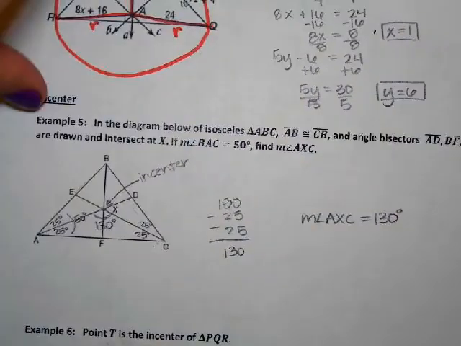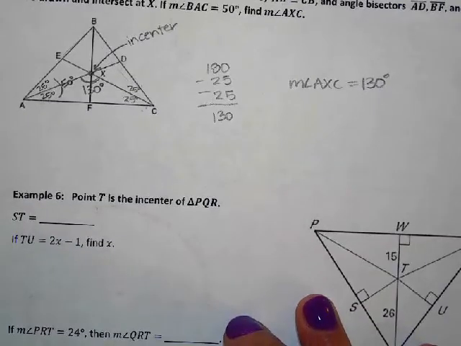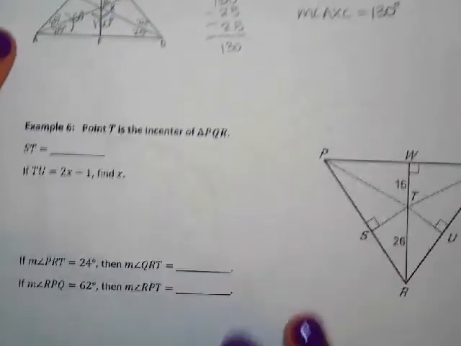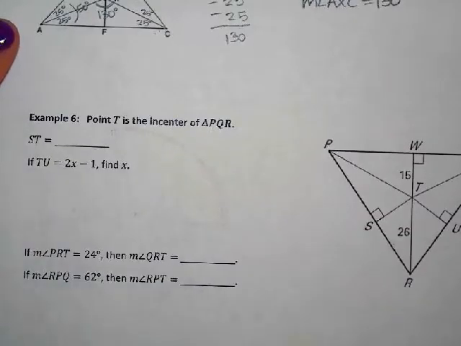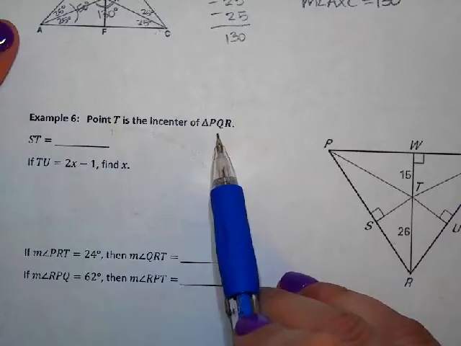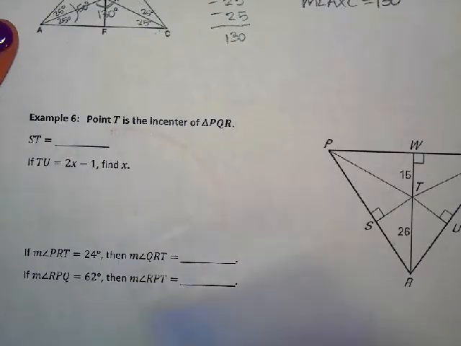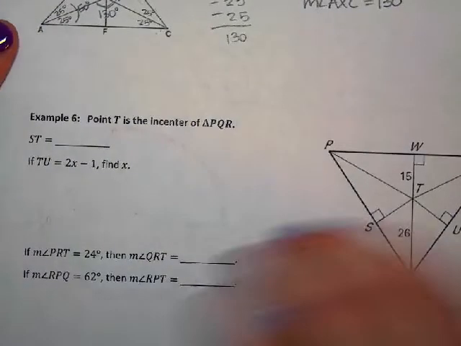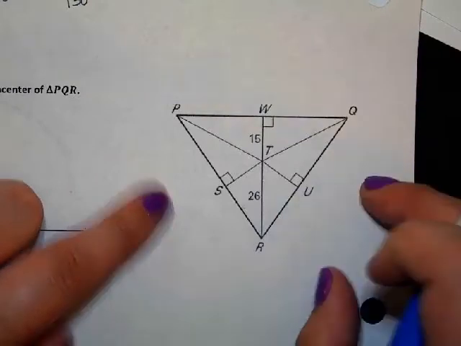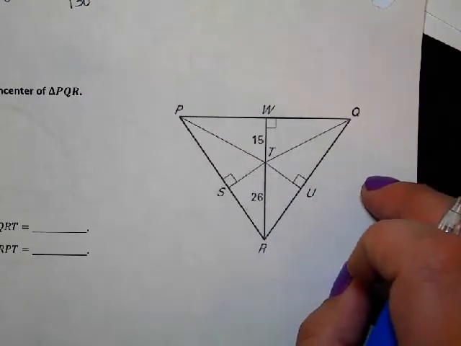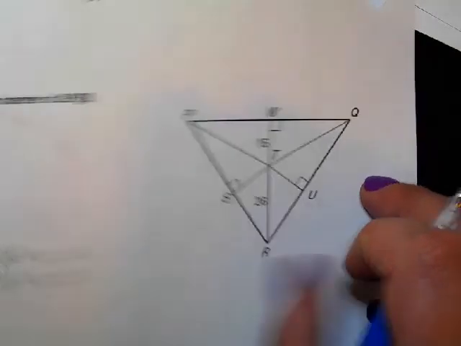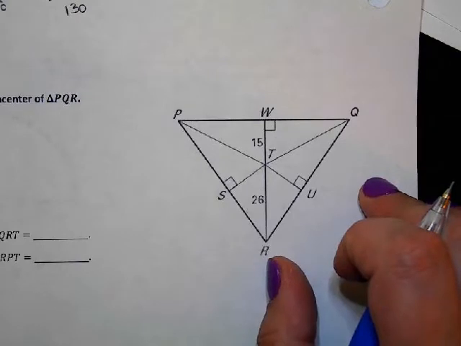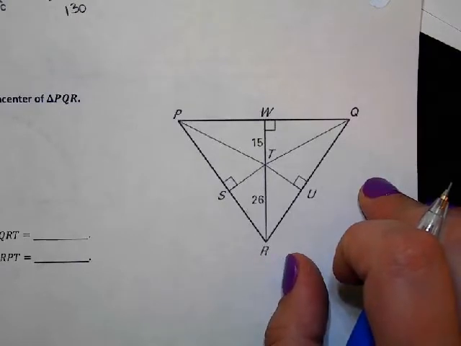Next, point T is the incenter of PQR. If it's the incenter, let's make sure we're looking at the incenter notes. Now this picture doesn't have anything to do with angles. This only has to do with lengths. So what part of the notes is going to be helpful for us with the lengths?